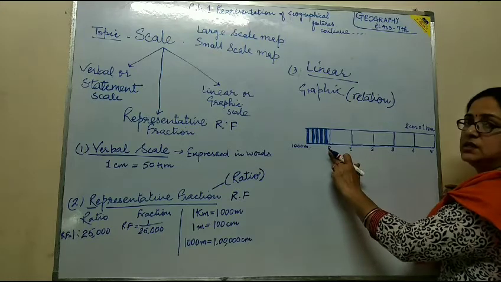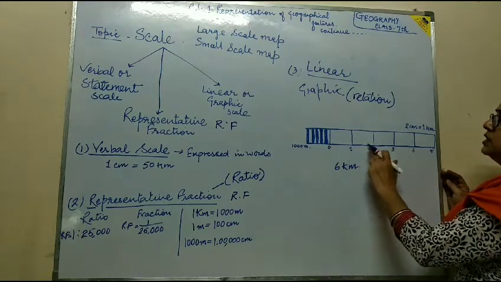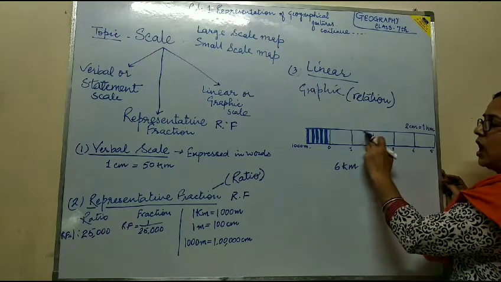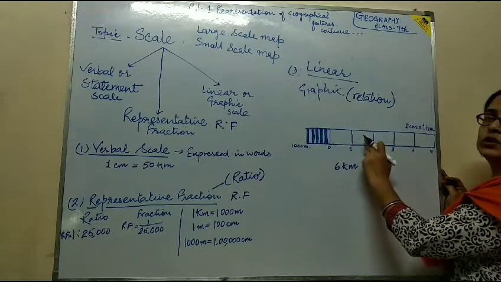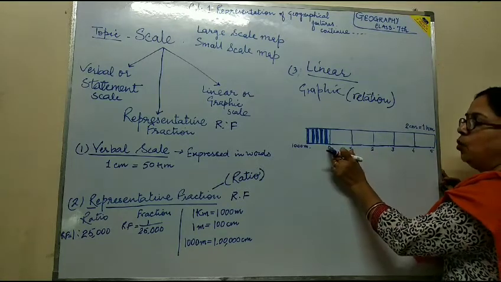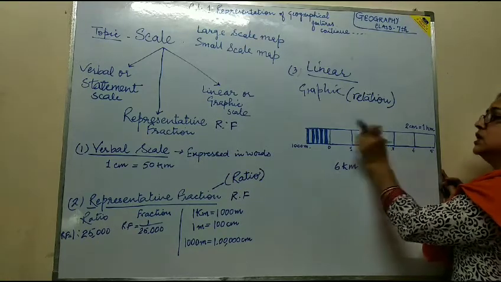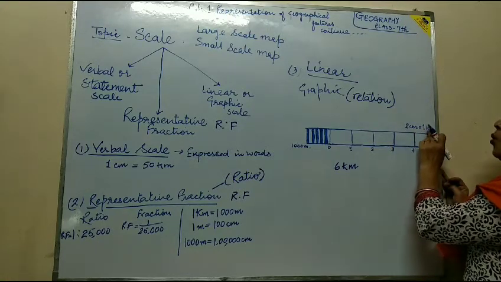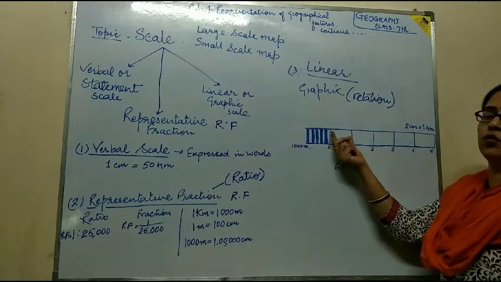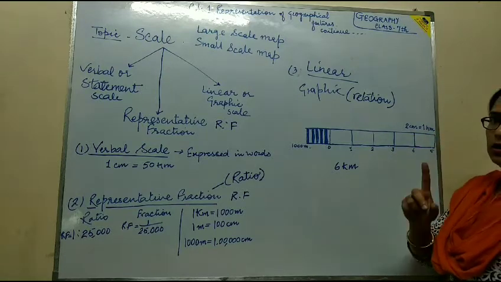Now we can see that from 0 towards the right of 0, it is divided into 5 equal parts, all having a distance of 2 centimeters each. What it means is that 2 centimeters of the map distance is equal to 1 kilometer of ground. 2 centimeters of the map is representing 1 kilometer of the ground.